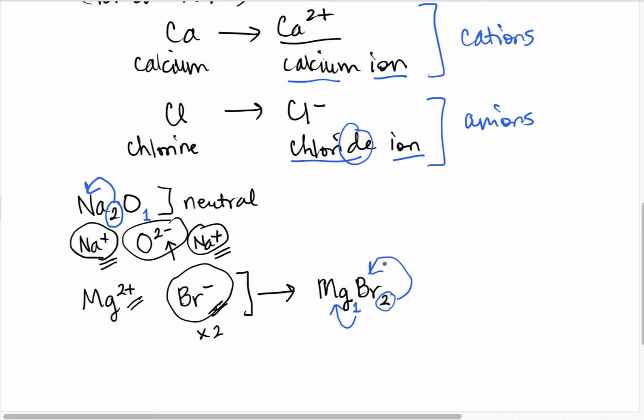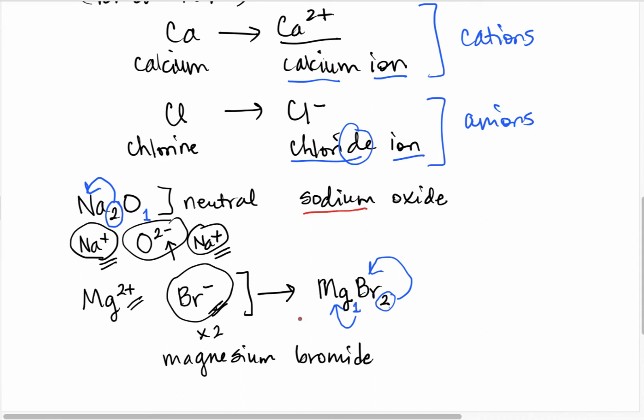And the reason why we do this, and why we don't need to say, oh, here's our names, right? Sodium oxide and magnesium bromide. The reason why we don't need to use any prefixes is because sodium always has exactly the same charge, +1.